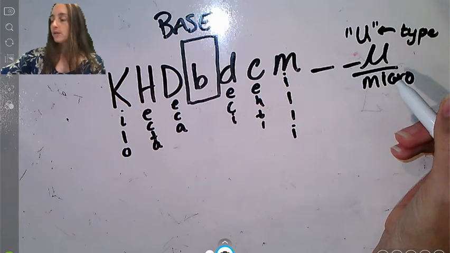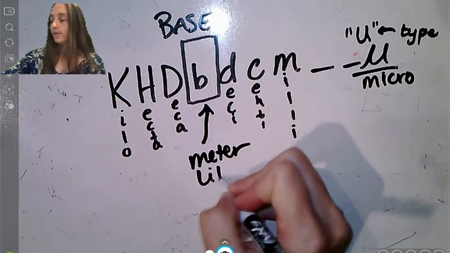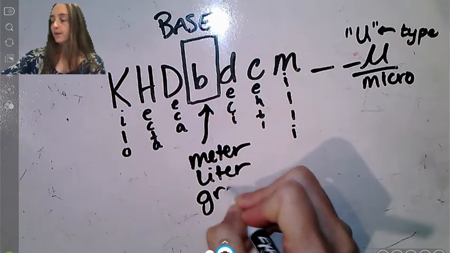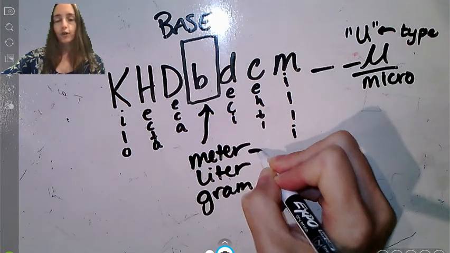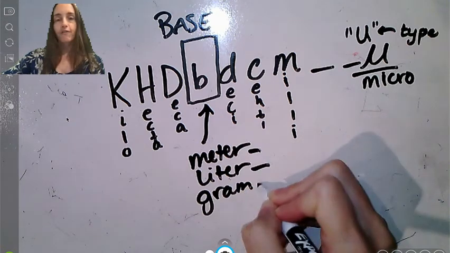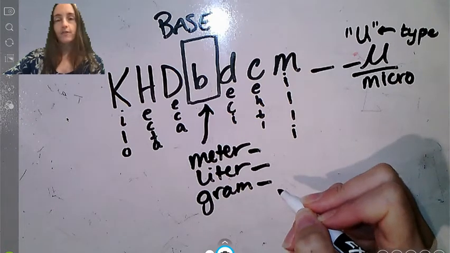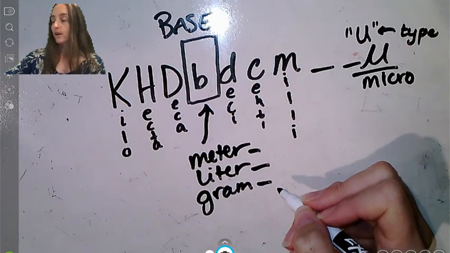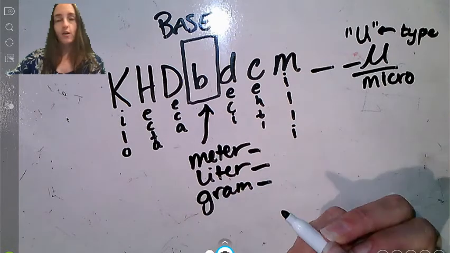So base units, we have meter, liter, and gram. Meter for length or distance, liter for volume, gram for mass. Okay, that's our base units. So the way you can tell if it's a base that you're dealing with is if it only has one letter, which would be M, L, or G. Okay, now L and G don't have a prefix.